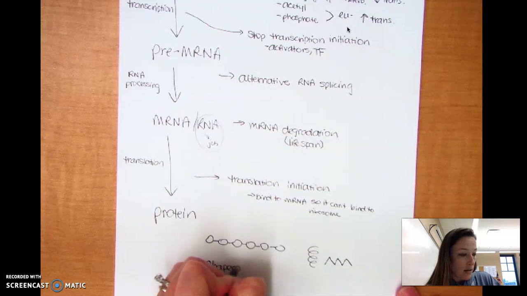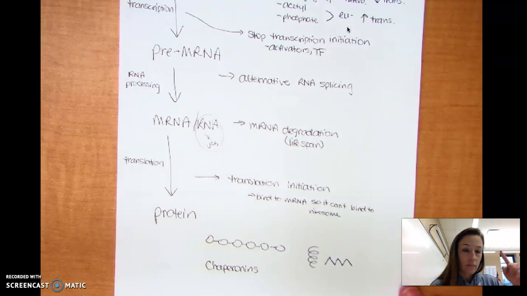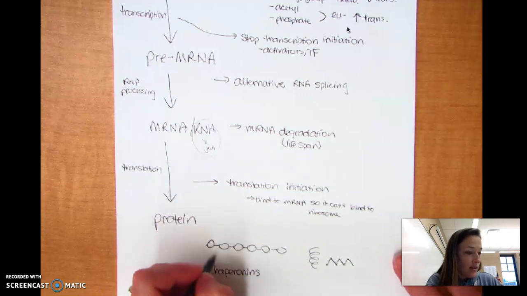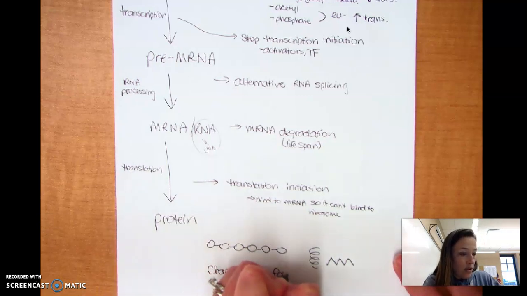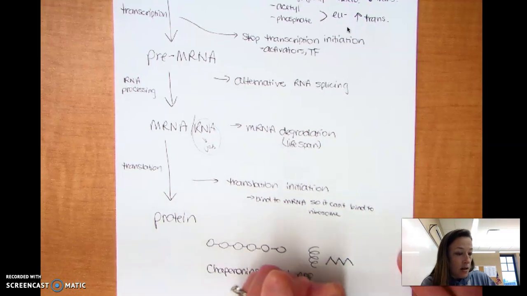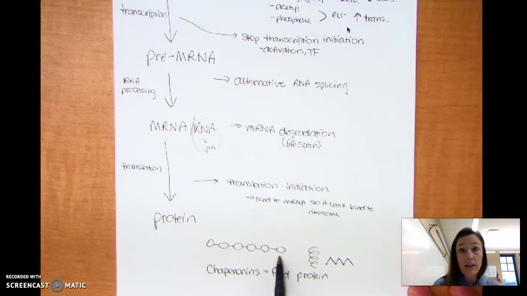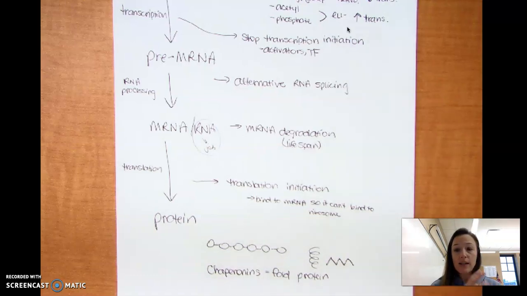You might remember that's a word from last week. But chaperonins can do that, and that's called protein processing. And what it does is it gets that protein in that final structure so that it can function. Because remember, if the structure's not right, the function's not right. So if it's like this, it's not functioning because it's not the right structure. So these chaperonins are going to help process or fold that protein to get it in the right structure so it can function.